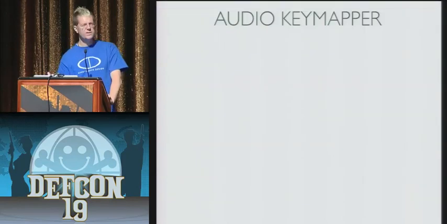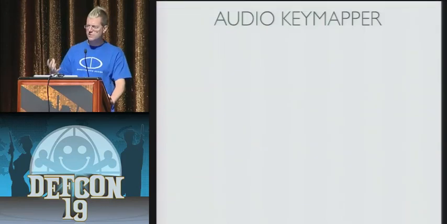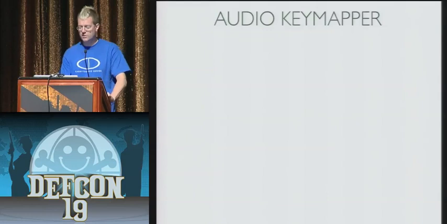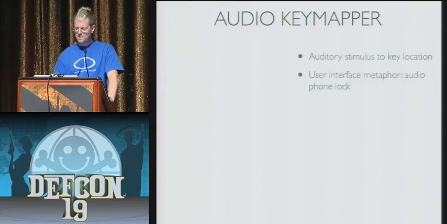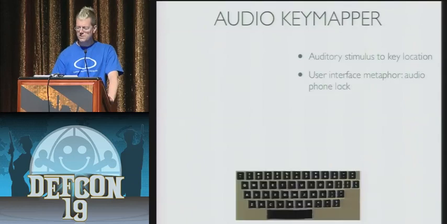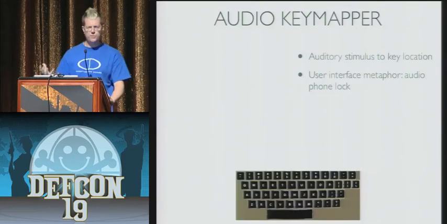But what we really want is a method that's resistant to shoulder surfing and screen capture, as well as being resistant to keystroke logging. So I haven't personally ever seen a logger that logs the audio output, and you can use headphones to reduce the observability of the audio signal. So here's my version of Andrea's spin lock. It uses auditory stimulus based on counting, just like the phone lock, but it's got to support a full keyboard.